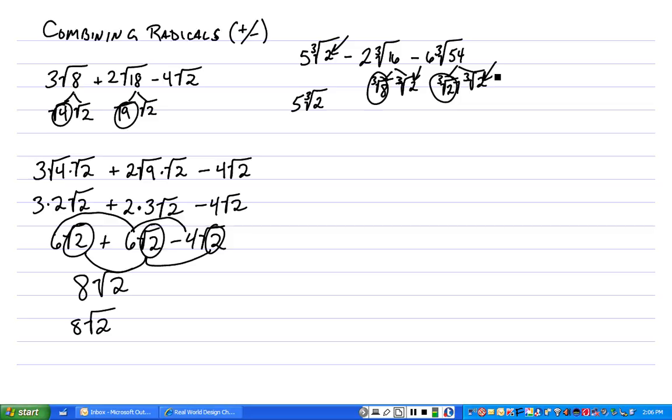Okay, so here I'll just bring this down. 5 cube root of 2 minus, I have my 2 right here. Now the cube root of 8, or here I'll write it out, and the cube root of 2 minus the cube root, oops, forgot my 6.